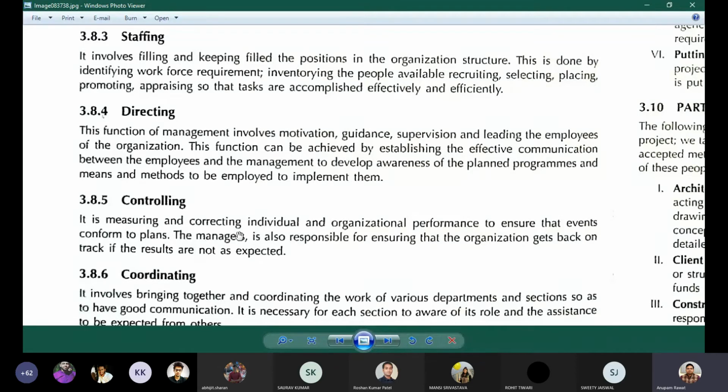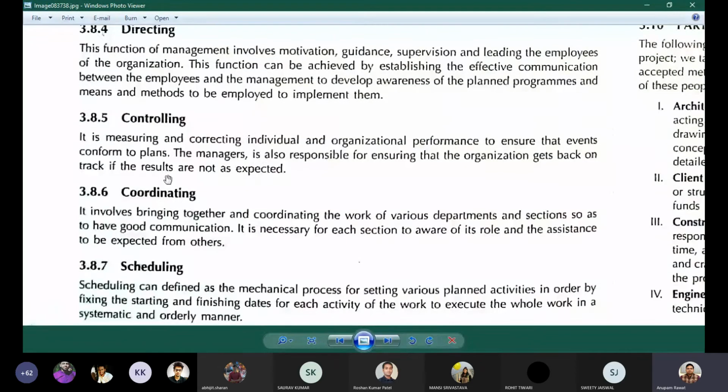Controlling is the measure of correcting the individual and organizational performance to ensure that events conform to plan. The manager is also responsible for ensuring that the organization gets back on track if the results are not as expected.